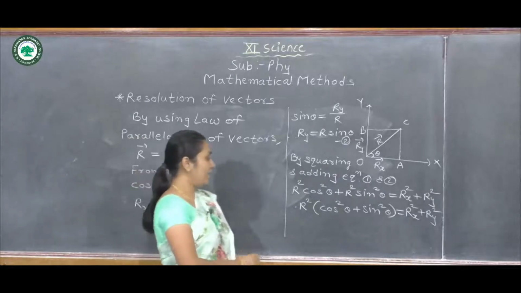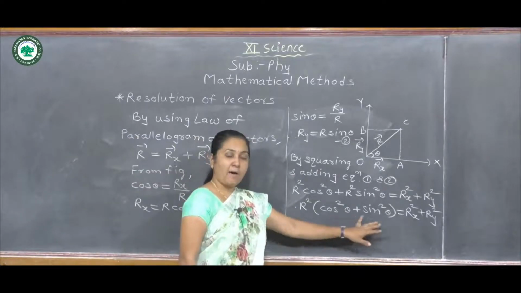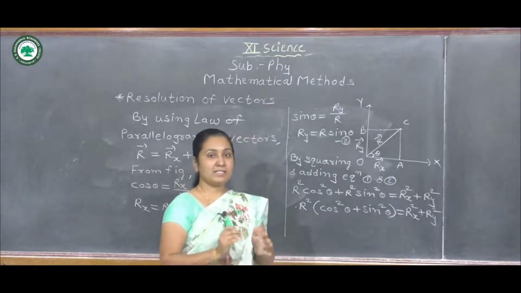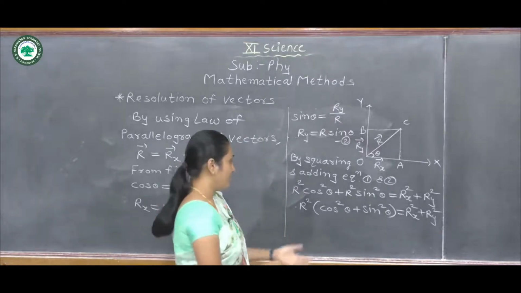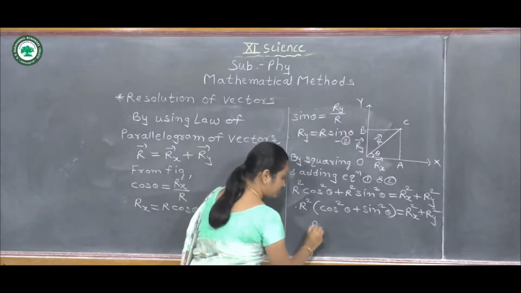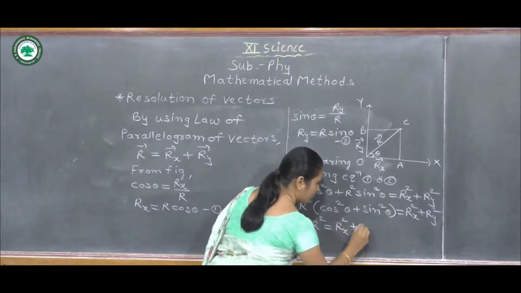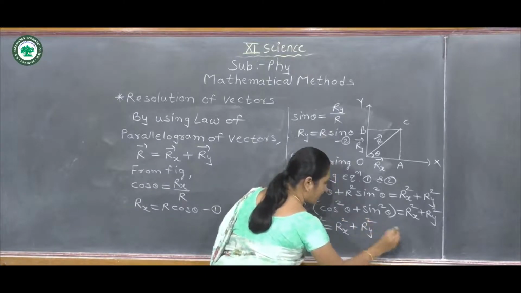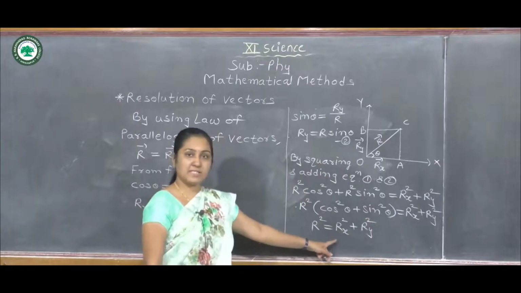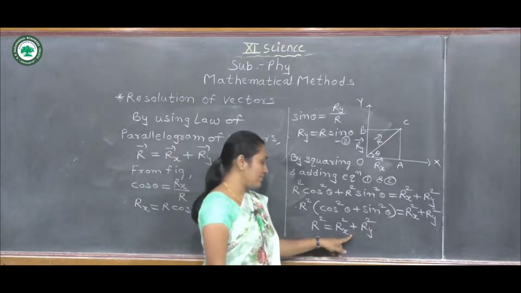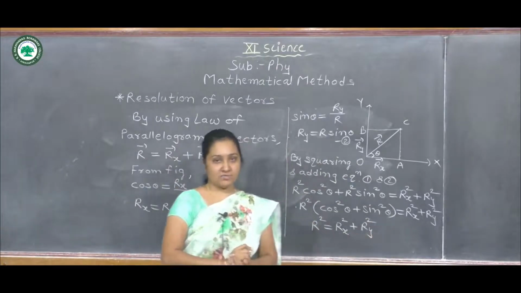Then we know that cos square theta plus sin square theta is equal to 1. So we have r square is equal to rx square plus ry square.